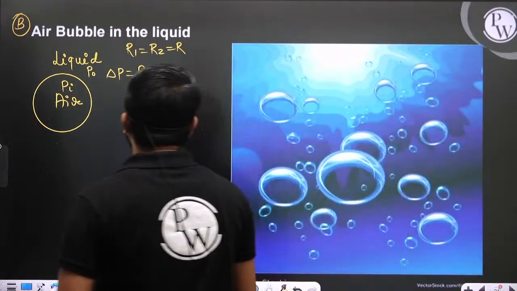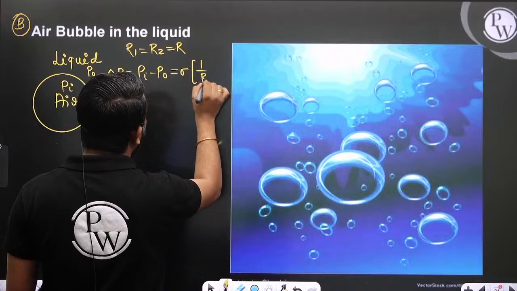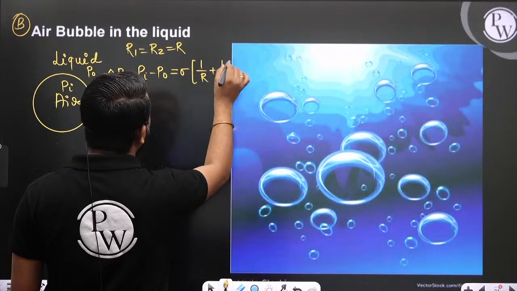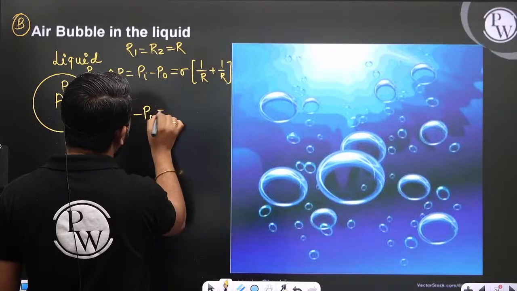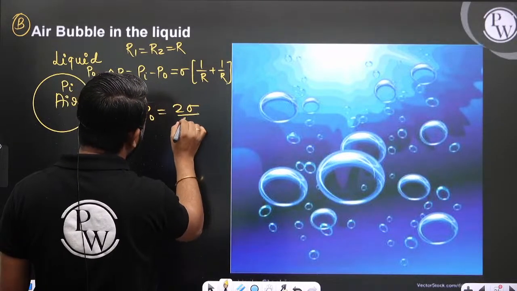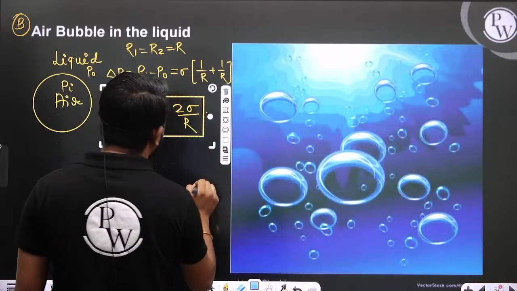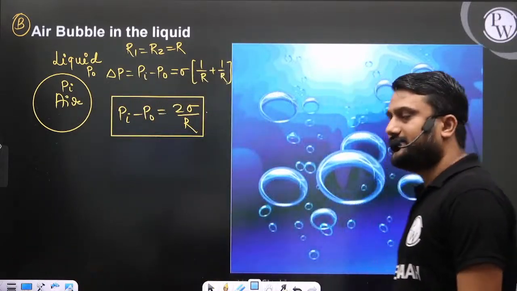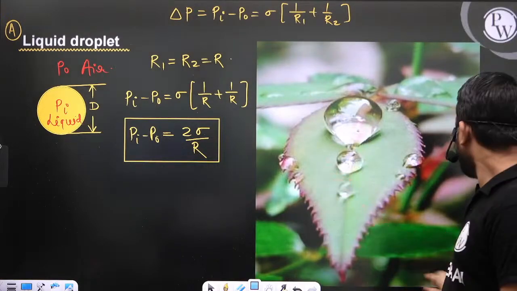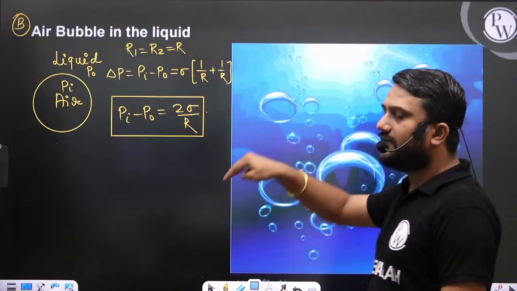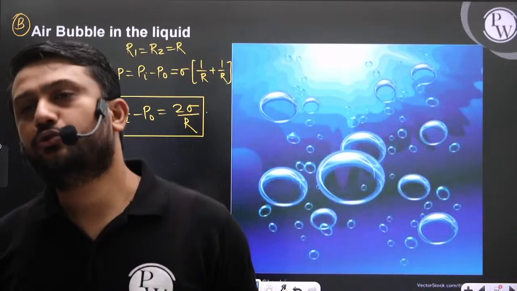So you get the same expression, 1 by R plus 1 by R, and Pi minus P naught is equal to 2 sigma by R. So in both cases, the liquid droplet and the air bubble in the liquid, you get the same mathematical expression, 2 sigma by R.